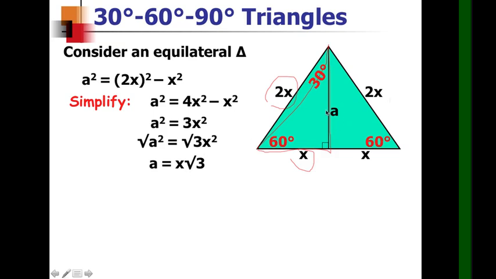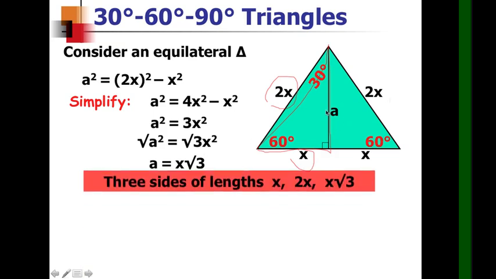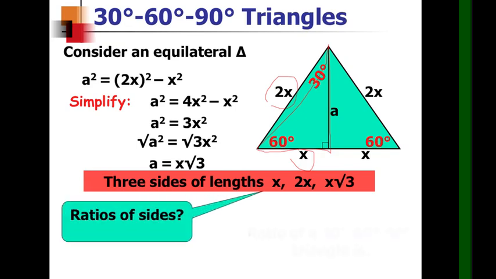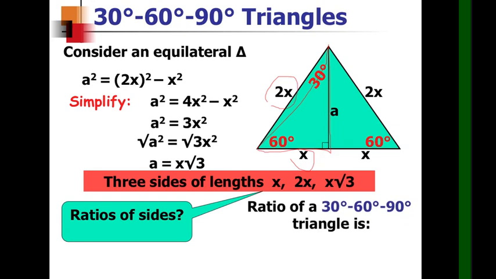Yun yung value ni a. So therefore, we have the three sides length. We have x for the opposite of 30 degrees, 2x for the opposite of 90 degrees, and x square root of 3 for the opposite of the 60 degrees. So ratio of these sides of the 30, 60, and 90 is, let's say x is equal to 1.